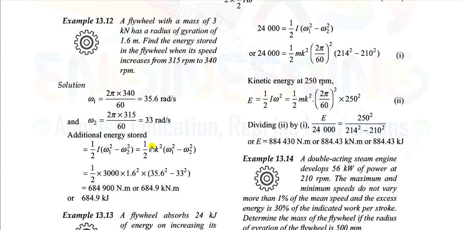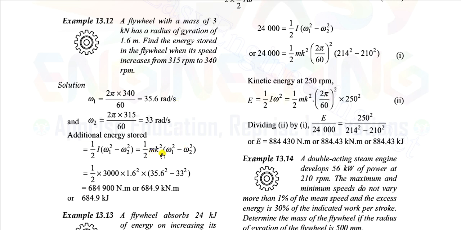So how much energy it will store is given by half I omega 1 square minus half I omega 2 square. Half I we took common, I is equal to m k square, m is exactly 3000 kg. Here mass is kg into k meter square, and omega is radian per second square. Radian doesn't show any unit, so per second square.